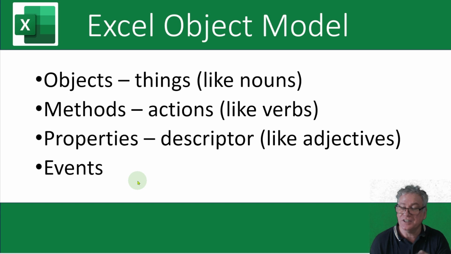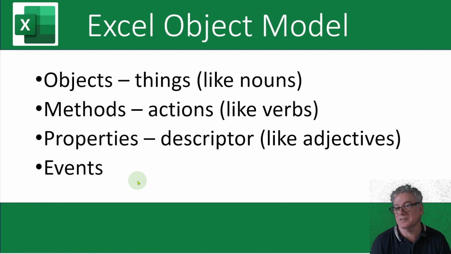A worksheet in Excel has a name. They're all properties, right? So you might have a head, and a head has some hair, right? Hair's an object, but the hair might have a hair style, right? It might be wavy or it might be straight, right?